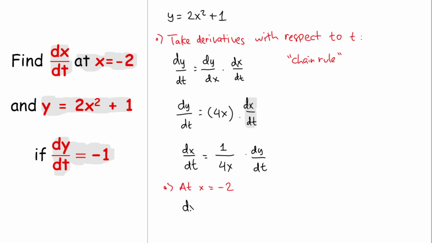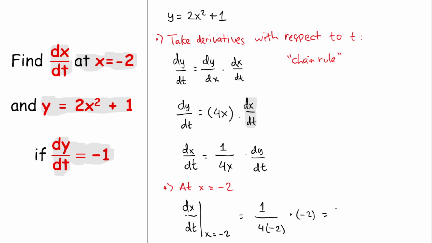So we'll have dx/dt at x equals minus 2 equal to 1 divided by 4 multiplied by minus 2, and then what is dy/dt?